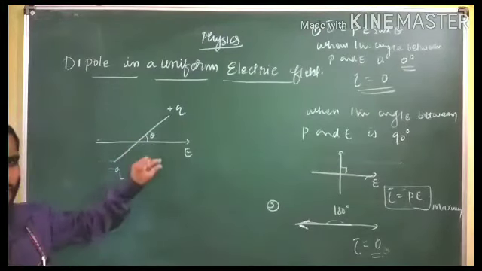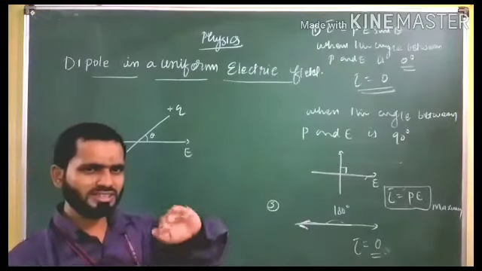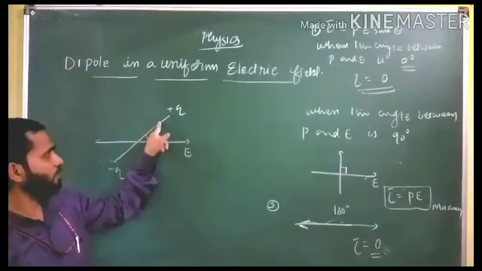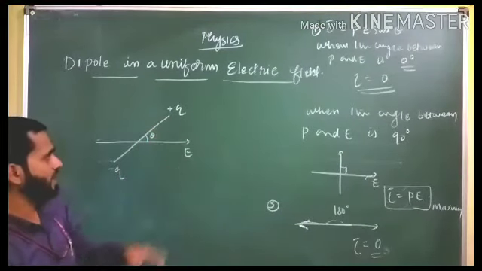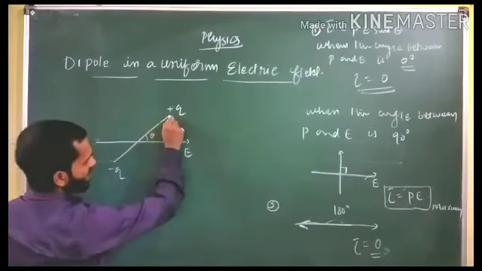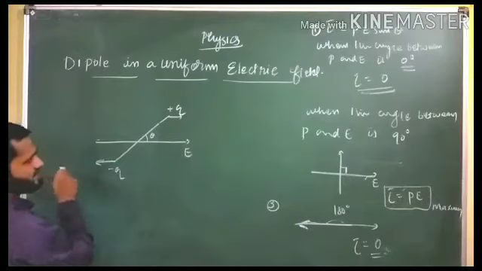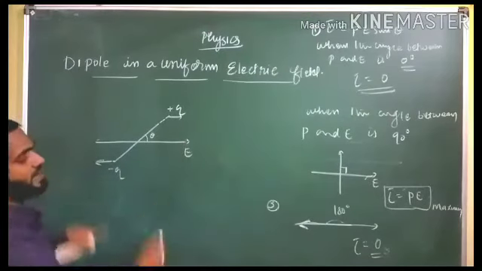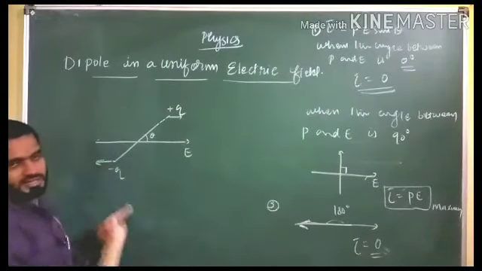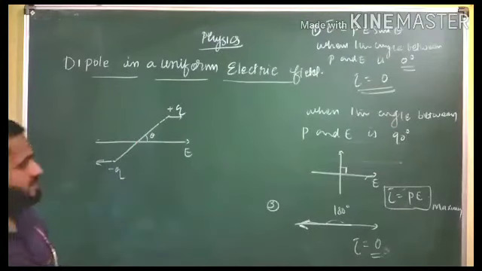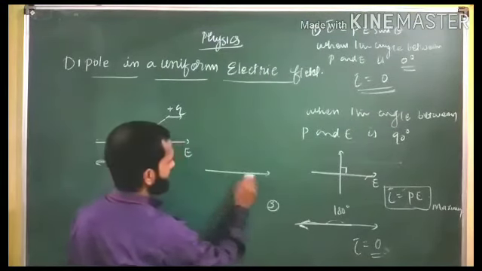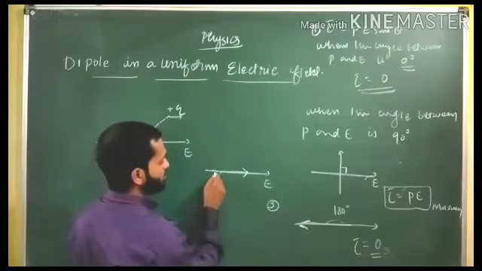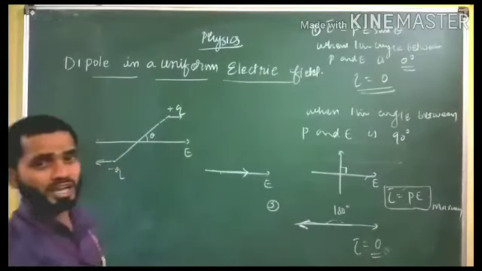But we give a small disturbance, or we just rotate it by a small angle theta. In that case it tries to come back, because here the force is acting in this direction, and here the force is acting in this direction. So it will turn and try to align in the previous position itself. So the 0 case, when this is the electric field and this is the dipole, this position we are calling the stable equilibrium position.